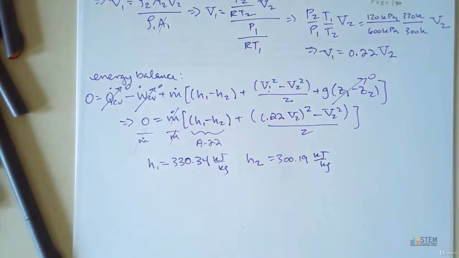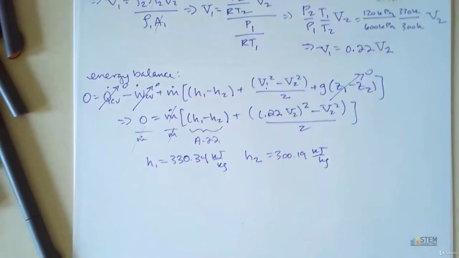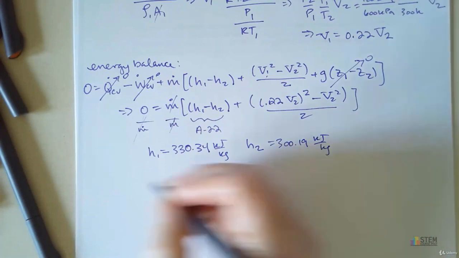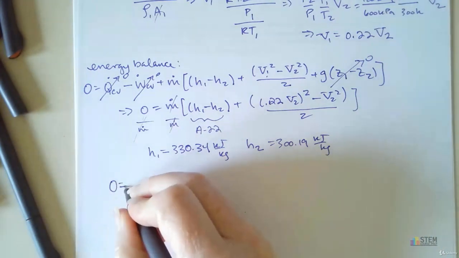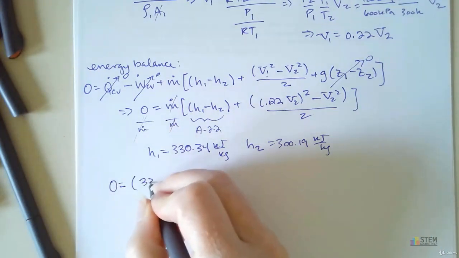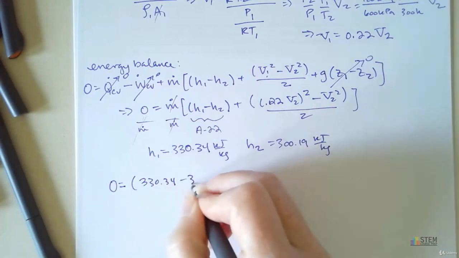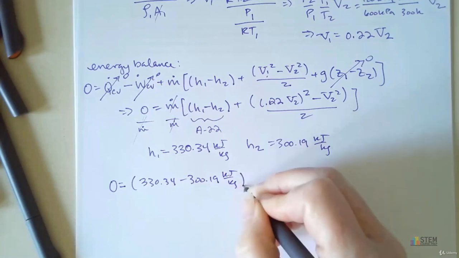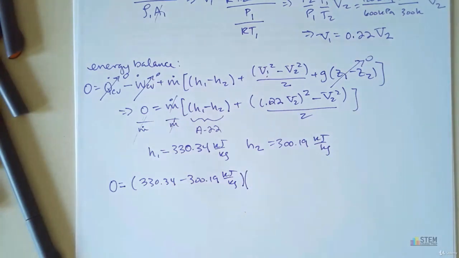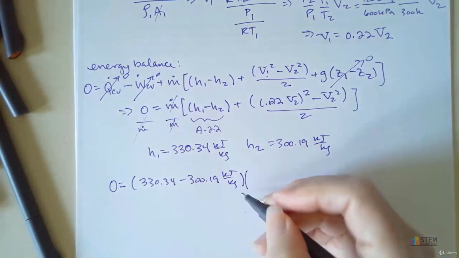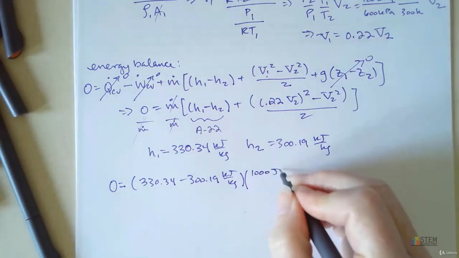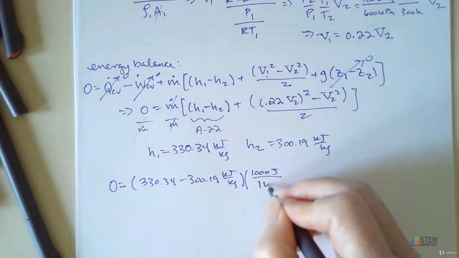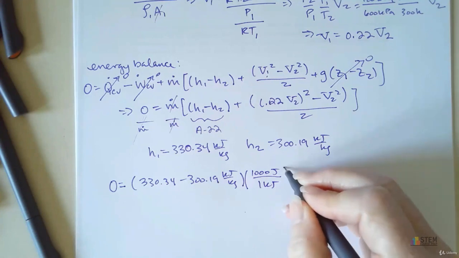Okay, so now that we have that, we can plug these two numbers into our equation, and then we'll see if we are able to solve for anything. So 0 is going to be 330.34 minus 300.19. That's kilojoule per kilogram. I want to get this in joules. So we want 1,000 joules per 1 kilojoule.